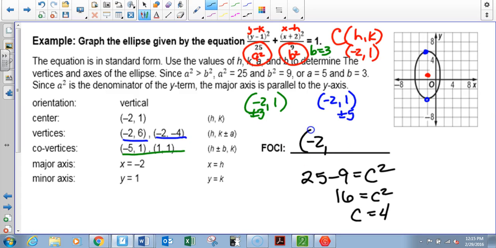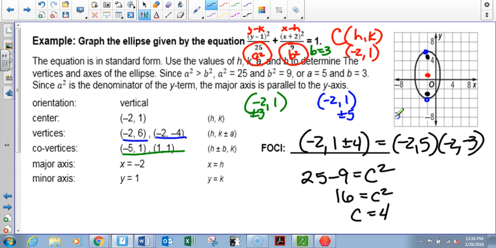It's negative 2, 1, and it should be added onto the y, because the major axis is the y. All right, let me try again. So you said negative 2, 5, and negative 2, negative 3? You were totally correct, and I was wrong. I wrote it wrong, so then I confused myself. Negative 2, 5 would be up here, and negative 2, negative 3 would be down here.